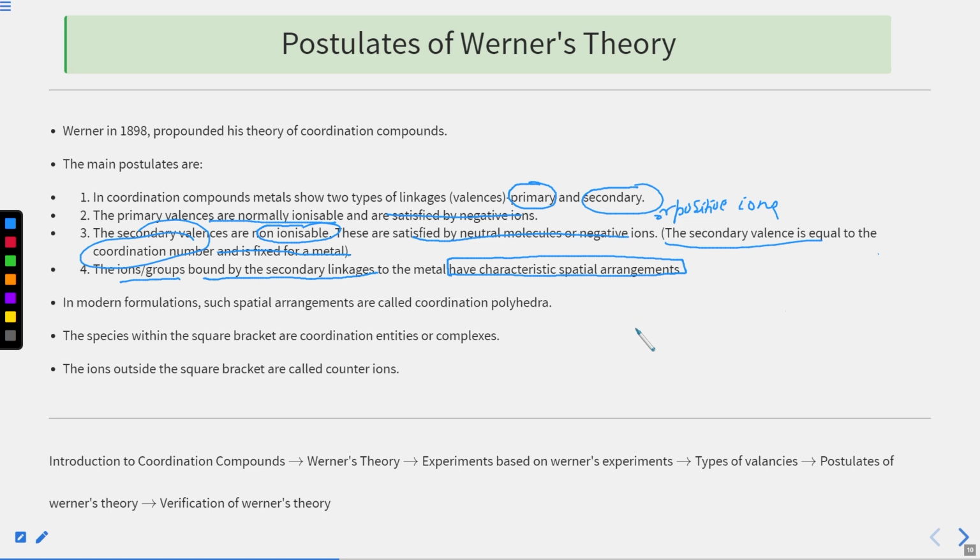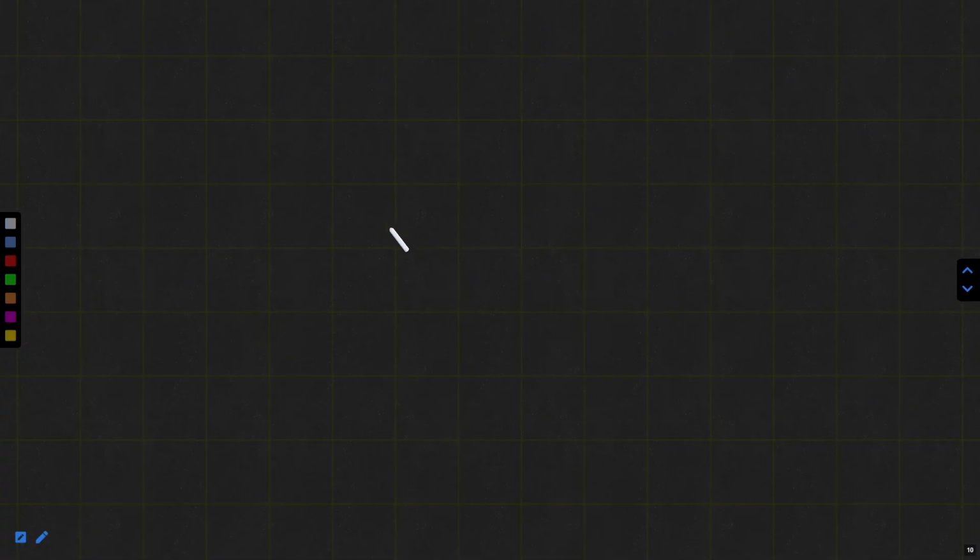But if I talk about the secondary valency, they have characteristic spatial arrangement. We have seen the example of Co bonded to 6 NH3. This 6 NH3 have a spatial arrangement. All these ammonia molecules have a spatial arrangement. In the case of coordination number 6, it is generally octahedral.